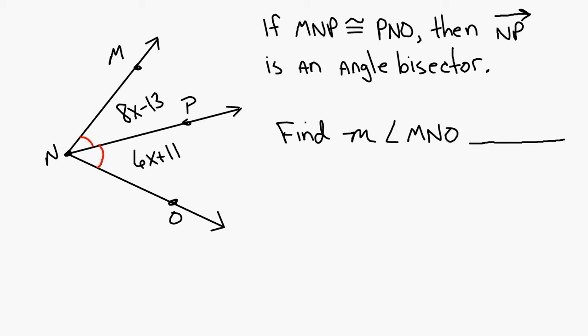In order to find that angle measure, what do you need to know first? You need to know what x is, don't you? And what do you know about 8x minus 13 and 6x plus 11? They're equal, because they're both representing these angle measures. So your 8x minus 13 equals 6x plus 11.